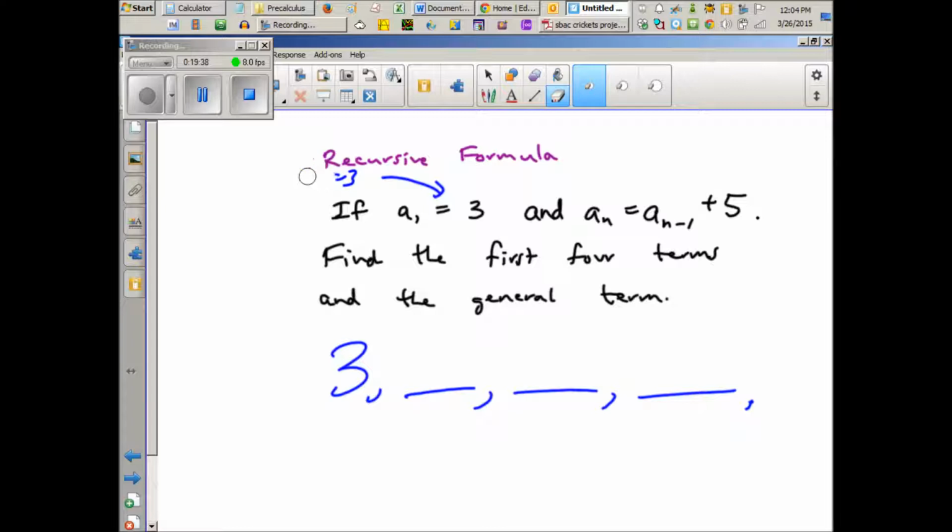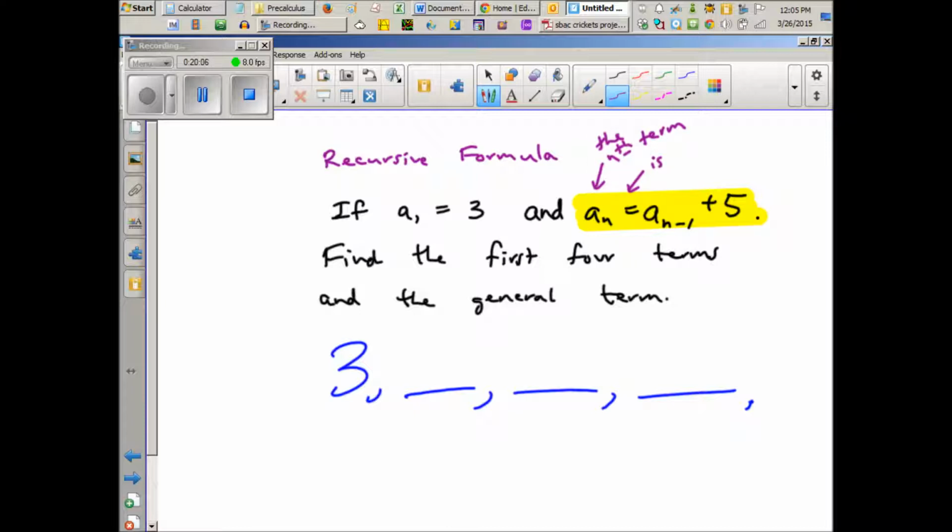Okay? Second thing is you need to understand what this phrase here means. This is very important. And not everybody sees it right away. What does that mean? Well, if you turn it into an English sentence, it might help you understand it. This is called the nth term, this is pronounced is.